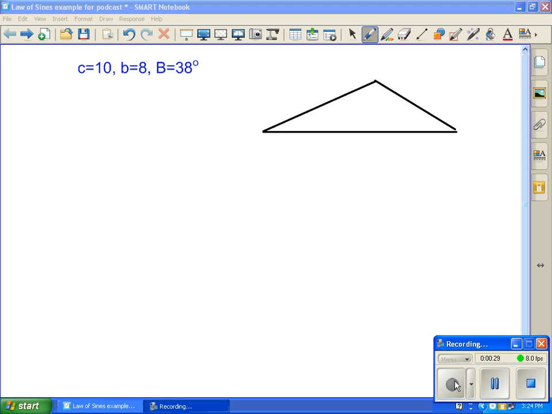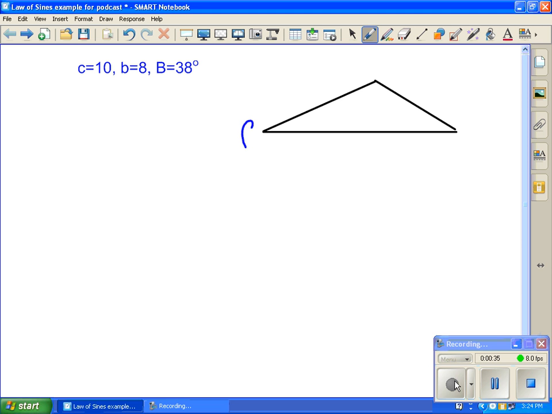What I always do when I put these on my triangle is I put my angle that is given in the lower left corner. So angle B is 38 degrees. And then of course, the corresponding side b is 8, which is going to be right across from it.